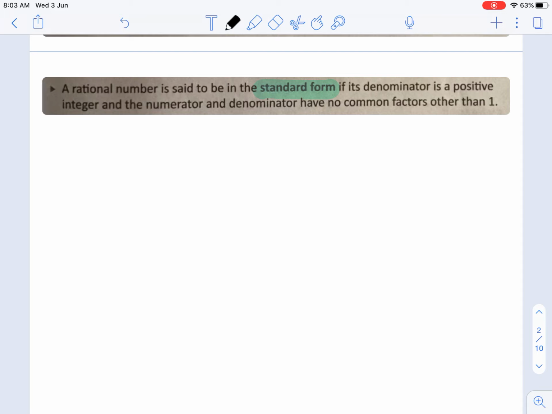For example, let us consider 3 upon minus 5. Here 3 upon minus 5 is a rational number, but it is not in standard form. To convert this into standard form, we have to write this number as minus 3 upon 5.